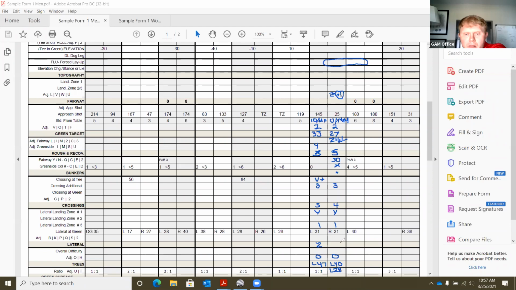And then for our bogey player, we've got 2 additional landing zones we need to look at. The one at the green, we can start with that one. That one is a really short shot. We've got 30 yards. So when it's really short like that, you know that it's not going to be the value that's going to win.